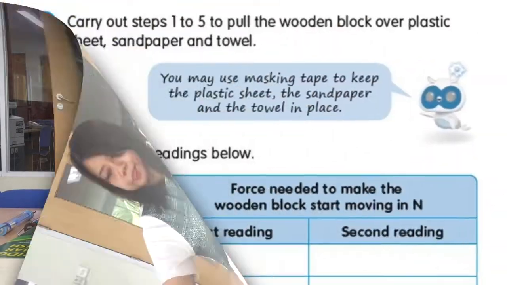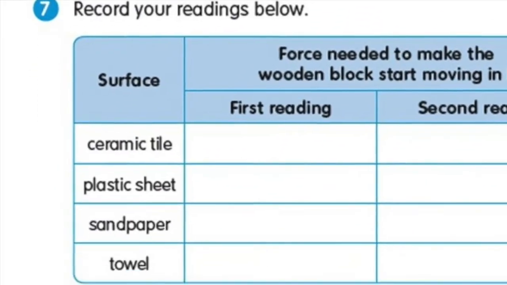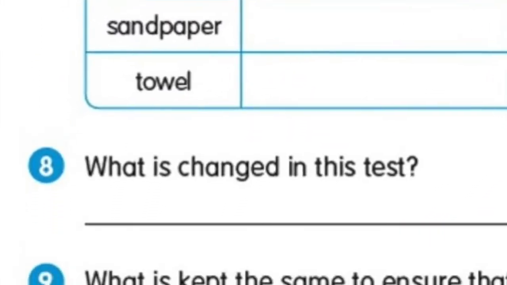Remember, the variable that you have changed in your experiment is the independent variable. Please highlight the word changed and write on top, independent variable. Okay, let's go to the next one.